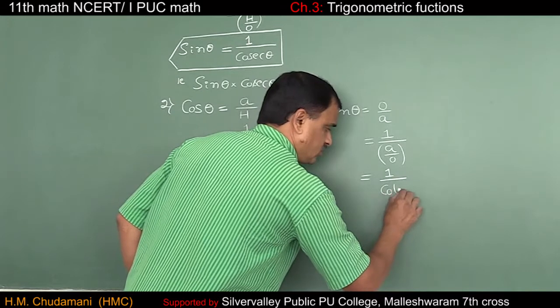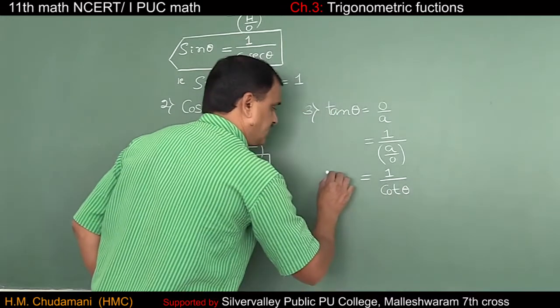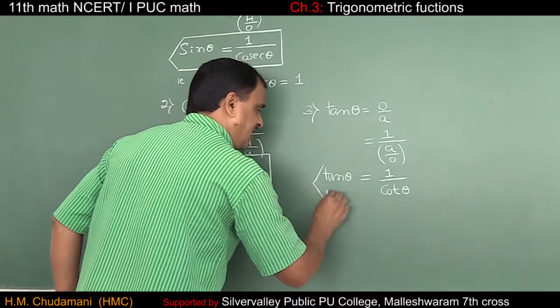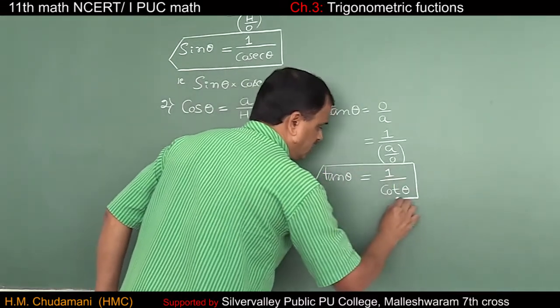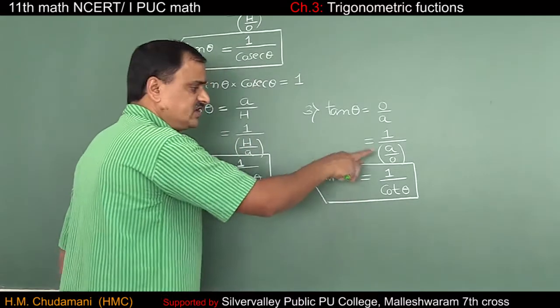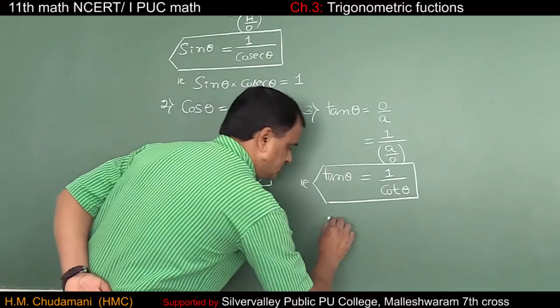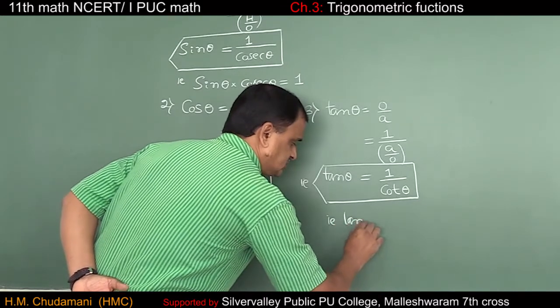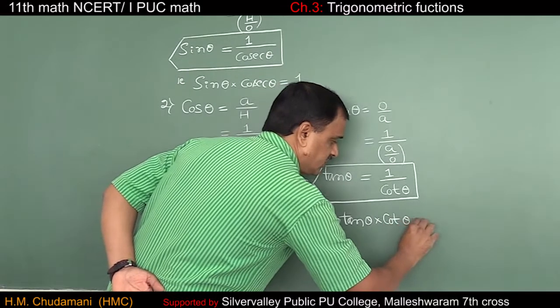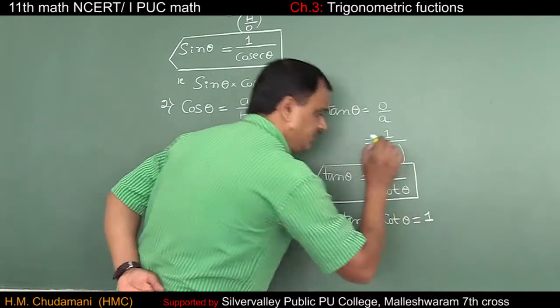It is nothing but cotangent of the angle theta, isn't it? So tan theta is equal to 1 divided by cot theta. We can write this as cot theta equals 1 by tan theta. So if I cross multiply, tan theta into cot theta is equal to 1.